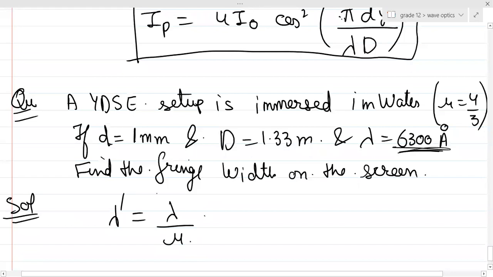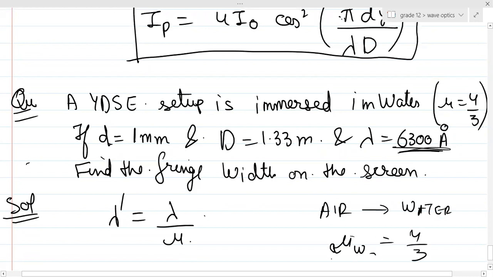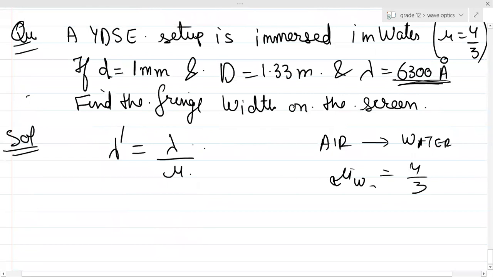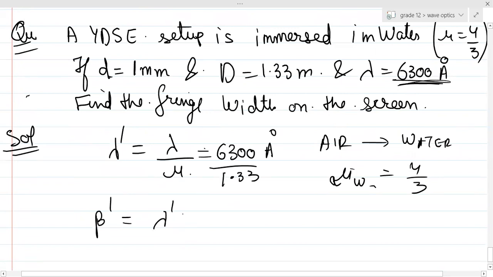It is going from air to water, so the refractive index of water with respect to air, medium 2 with respect to medium 1, is 4 by 3. So lambda dash is 6300 angstrom divided by 1.33, or 4 by 3. And now we know beta dash is equal to lambda dash into D by d.